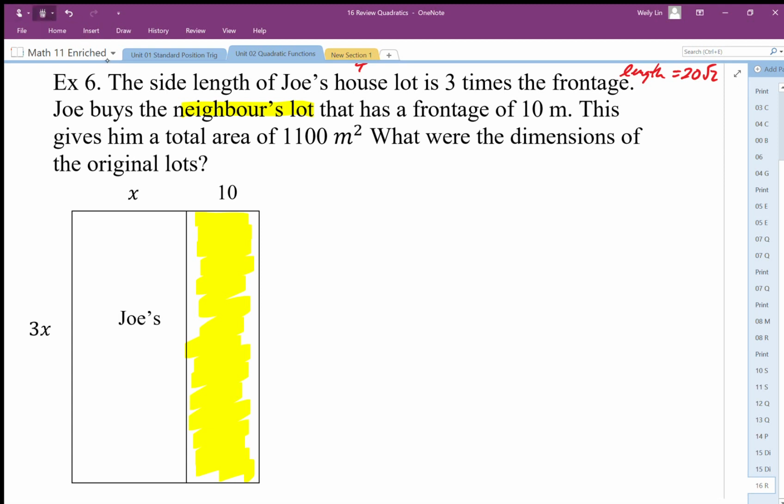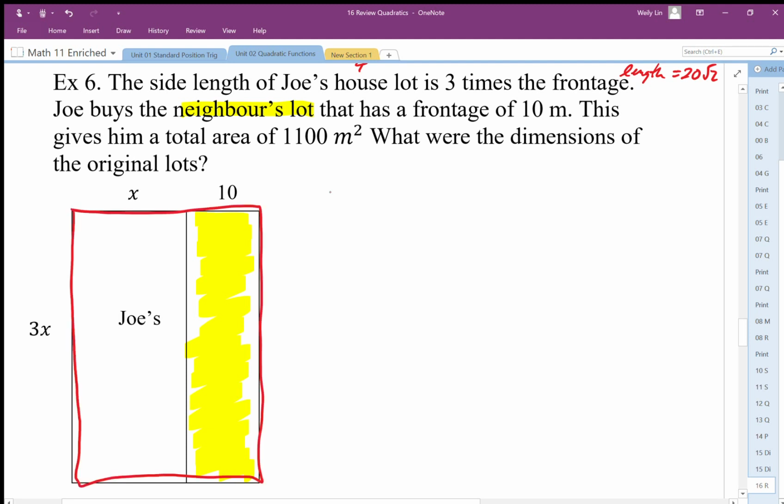Well, I know that the total area, which I'm going to highlight in red, is going to be equal to 1,100 meters squared. And to get that total area, we have 2 parts to it.